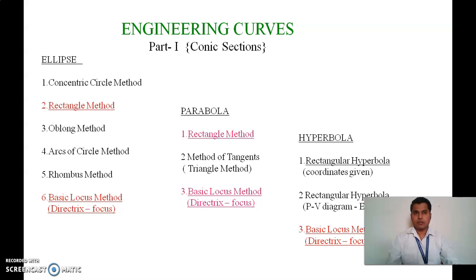A simple example is a circle. It is not a straight line, it has some curvature. One center is given to us, and with respect to some radius we are drawing a circle. So that is one kind of curve.